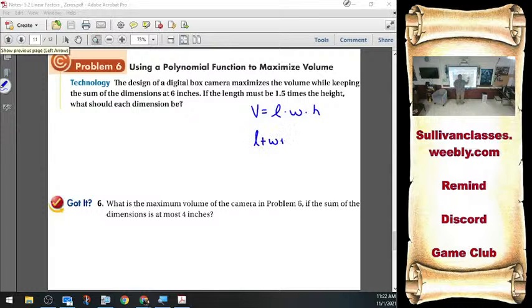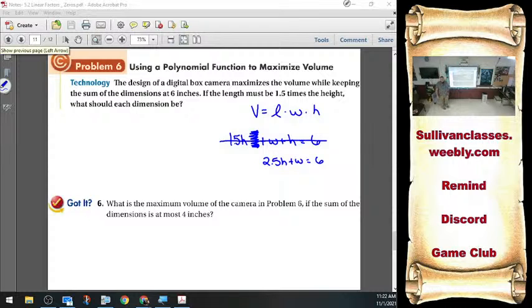Length plus width plus height is 6. Length must be 1.5 times the height. So I can replace this with 1.5 h, which means I can simplify the whole thing down to 2.5 h plus w is 6.